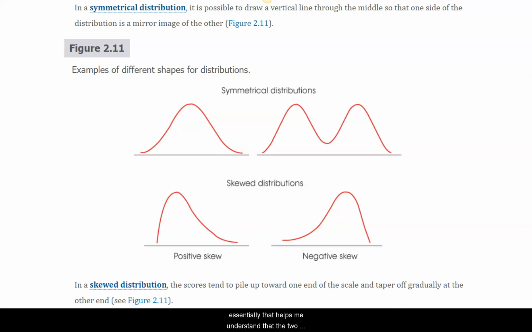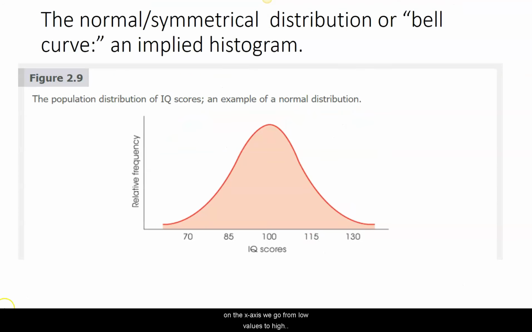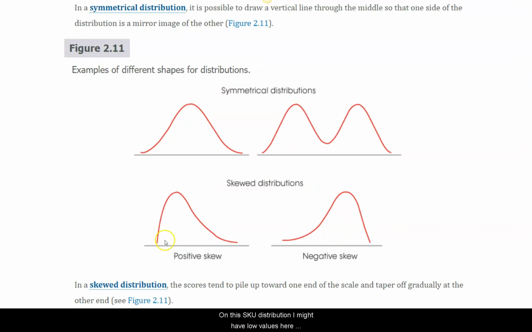We also have skews, and skews are less likely or less common than normal distributions. If scores tend to stack up on the low end, and remember, on the x-axis, we go from low values to high values, left to right. On this skewed distribution, I might have low values here and high values over here. Is there anything that we can think of that's positively skewed where the values stack up on the left? And yes, that might be income.